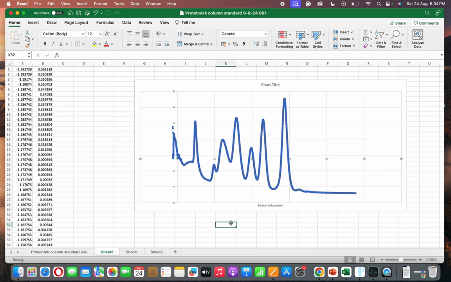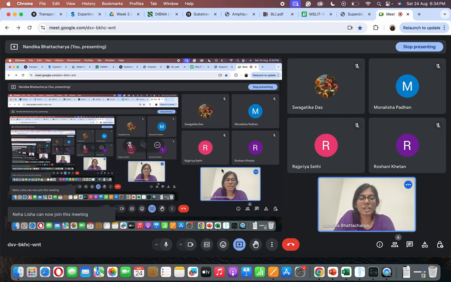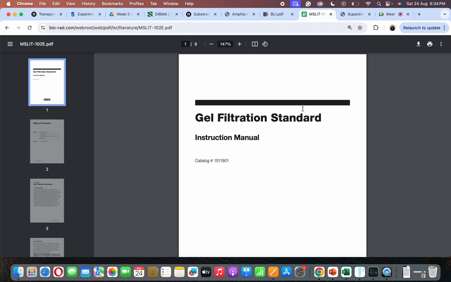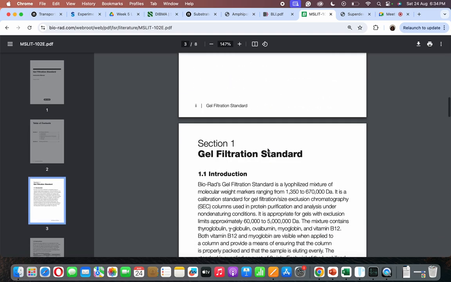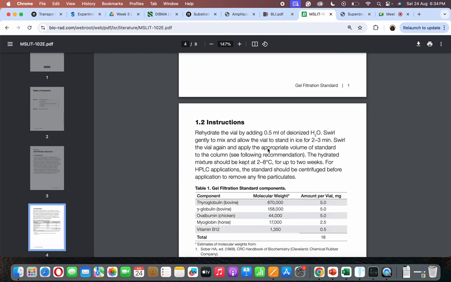Now we need to know which proteins were there in our standard. When you run your standard, you will get a small booklet along with it which will tell you which proteins are there. I found this manual for my gel filtration standard from Biorad, where they give you a lot of instructions on how to use it.